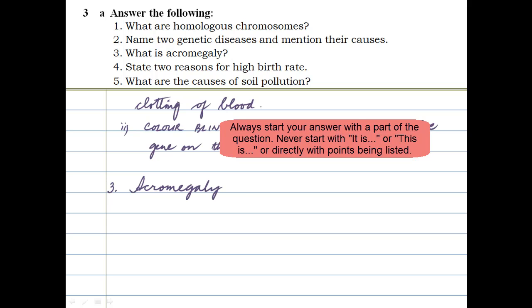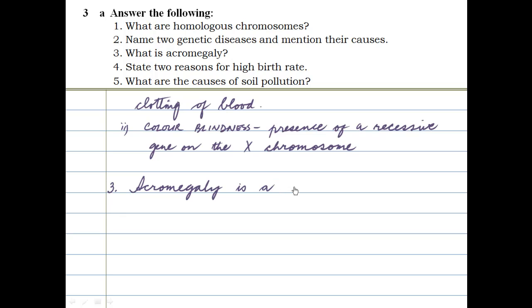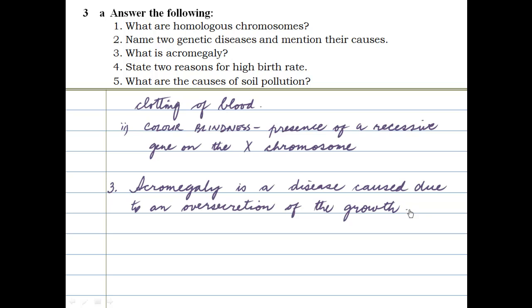You put down acromegaly is a disease caused due to an oversecretion of the growth hormone in adults.